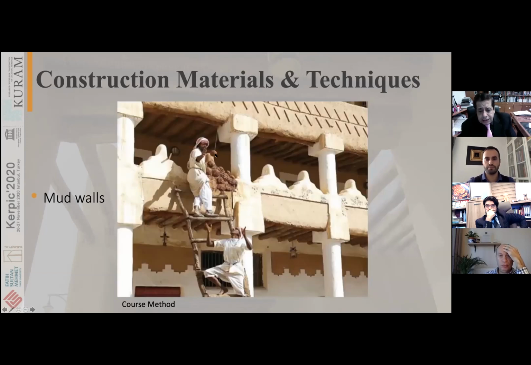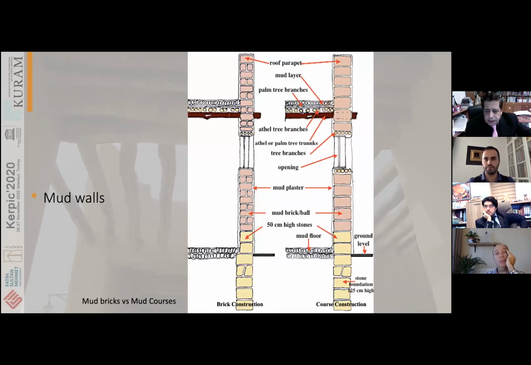This picture shows us the form of the mud balls that are used in this construction technique. This section shows the difference between brick construction, the bricks, and the course construction, the balls.